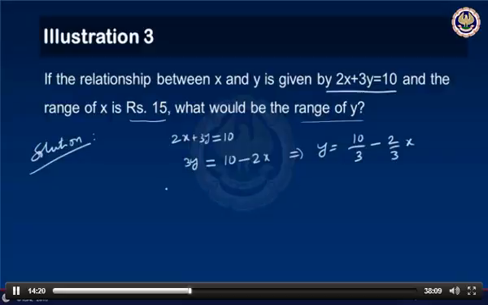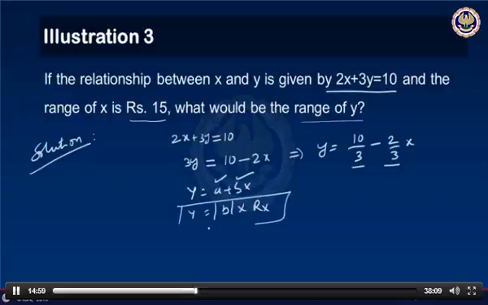Already we are aware, as we discussed earlier, that range is unaffected by origin, whereas it is affected by the scale. That means y equal to a plus bx is the data, where a is called the origin and b the scale. So the range of x is known, and the range of y can be b times the range of x.